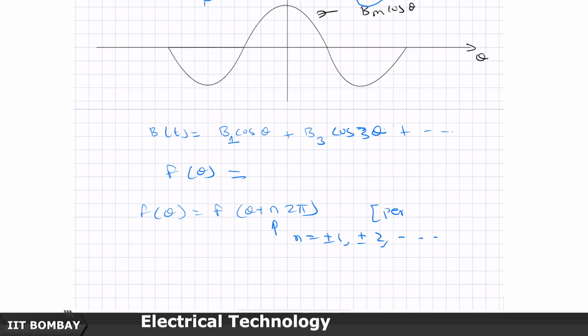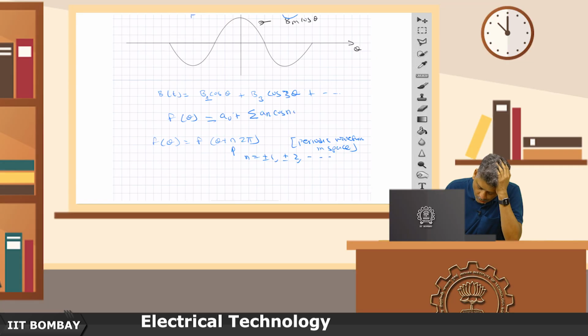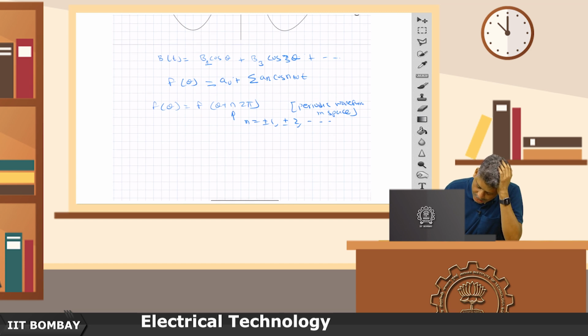So, this is a periodic waveform in space. It can be written as a constant A naught, or C naught if you want. I will write it as A naught plus sigma A n cos of n omega t, and since here the period is itself 2 pi radians, 2 pi by T here corresponds to 2 pi by 2 pi.